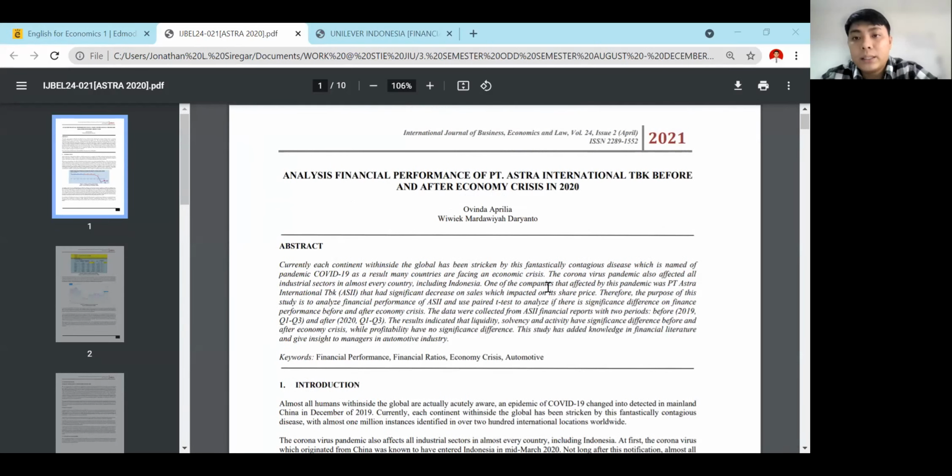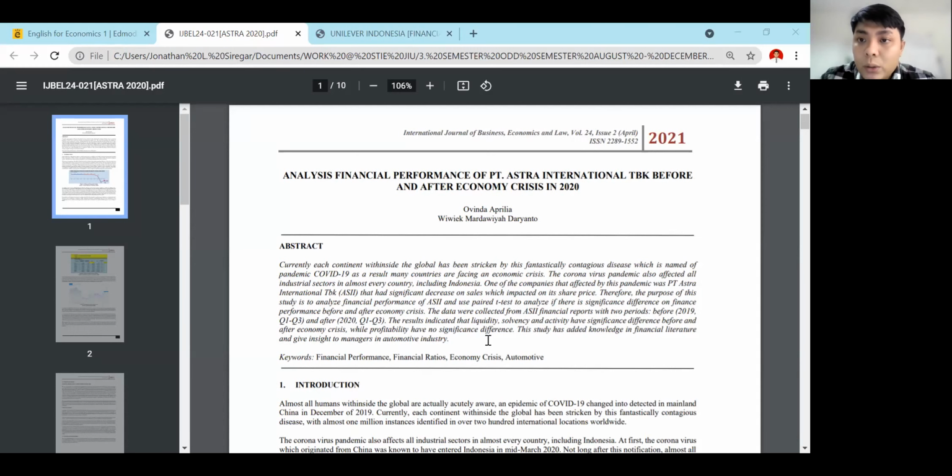The topic of the article is the analysis of financial performance of PT Astra International Tbk, which means this is a public company that is already listed on the bursa. I mean, they already made their shares public. The period of time is before and after the economic crisis in 2020.